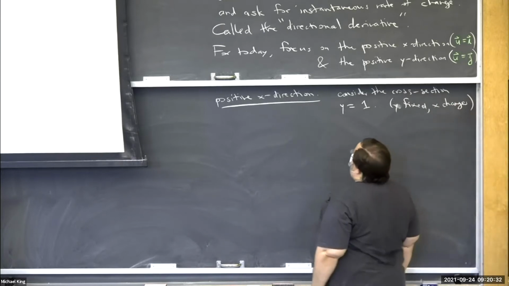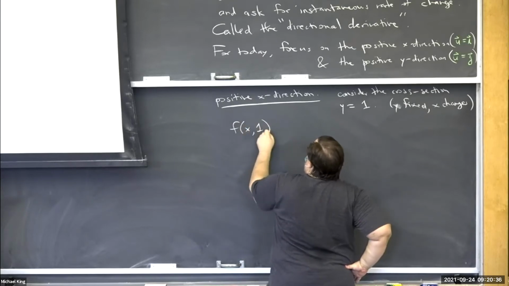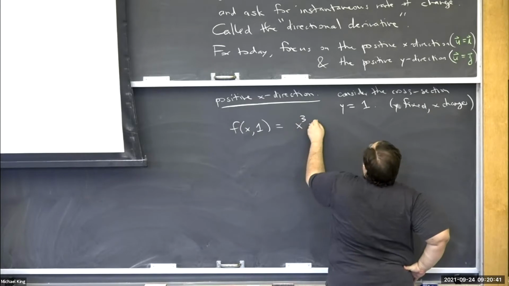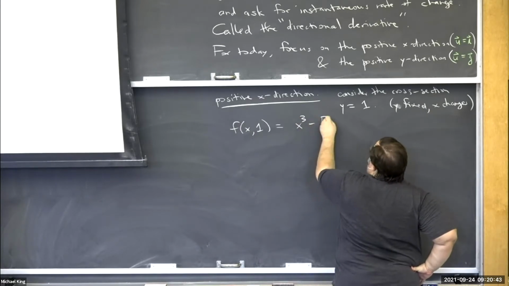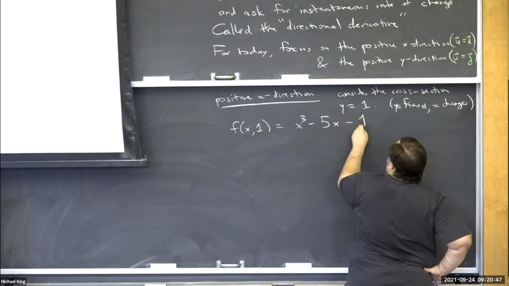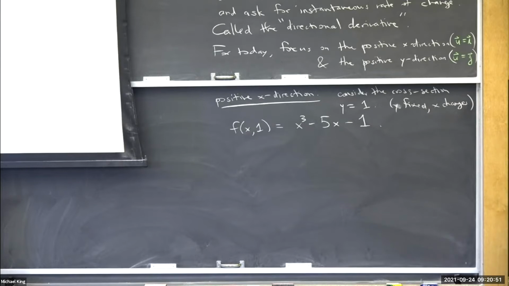Okay, well, we can actually think about the function plugging in 1. I plug in 1, I get x cubed minus 5x plus 3 minus 4, like that. Is that fair?